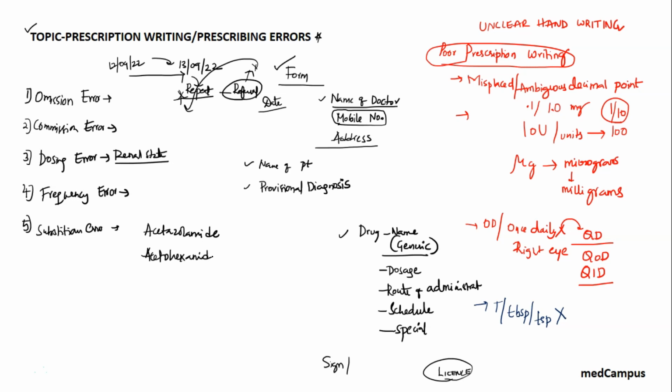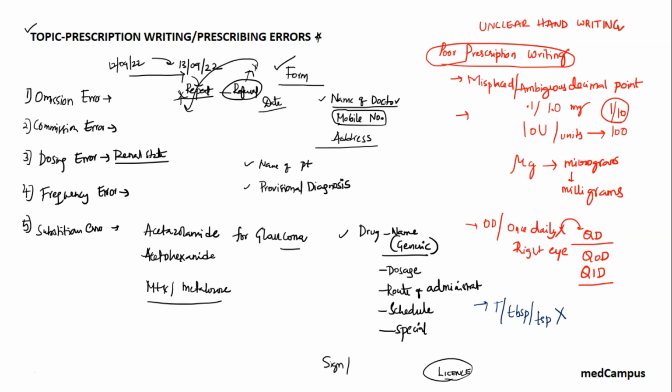So the substitution error might occur. Similarly, we have methotrexate, and we also have another drug, metolazone. Don't get confused with this. Whenever there's a drug confusion, you can even mention the indication, for example acetazolamide for glaucoma, to avoid confusion.